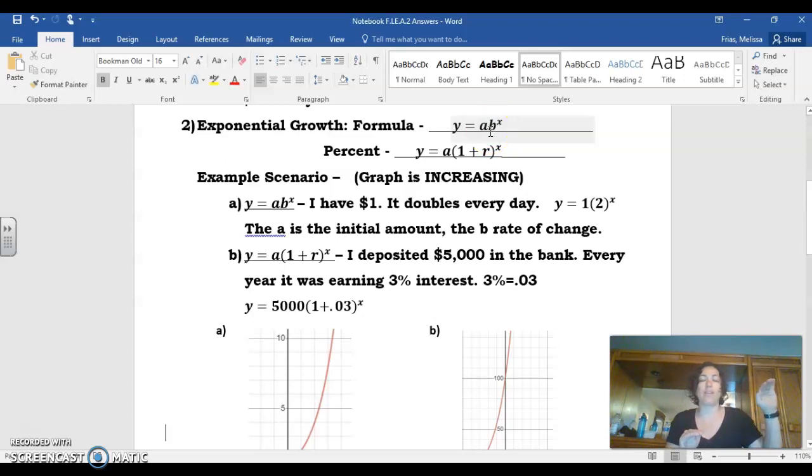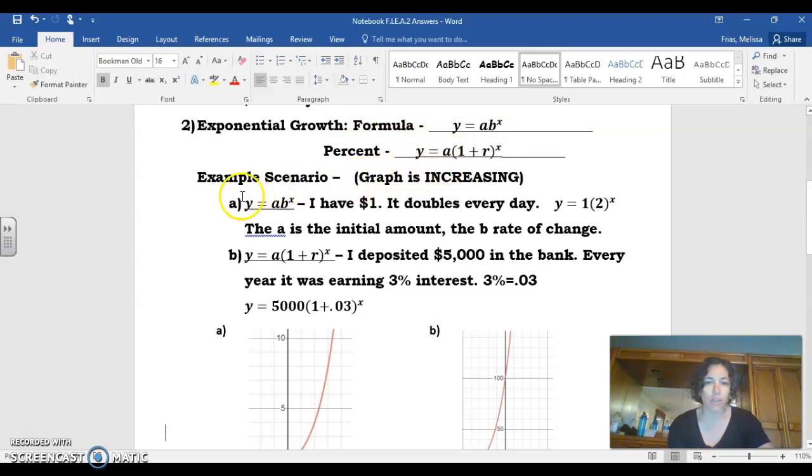What it is doing is it is being multiplied. Instead of adding the same number every time or subtracting it, you're multiplying or dividing by a number the same every time. For a percent, we'll get into that in just a minute as well.